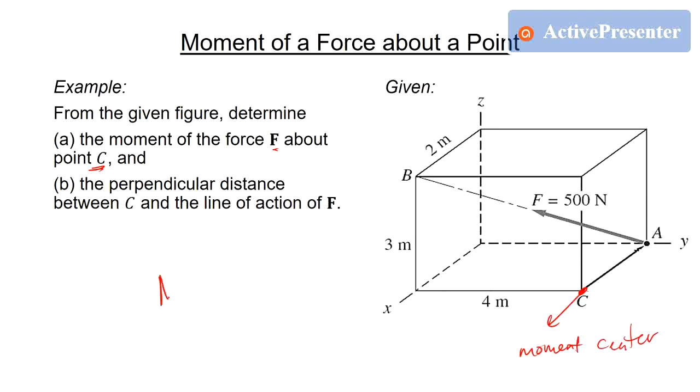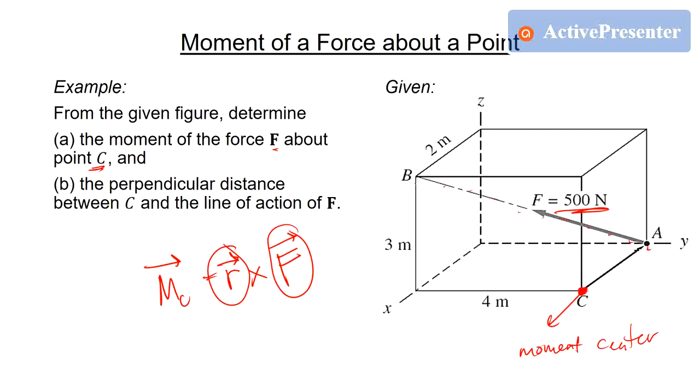To get the moment about point C using the vector approach, we have the formula r cross F, where F is this force, 500 Newton, but that is magnitude only, so we need the vector form, and we also need the position vector r. Again, from the previous slide, r is the position vector from the moment center to any point on the line of action.